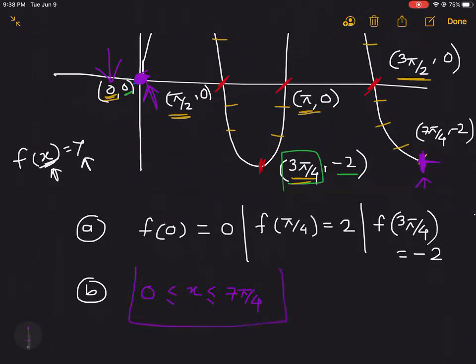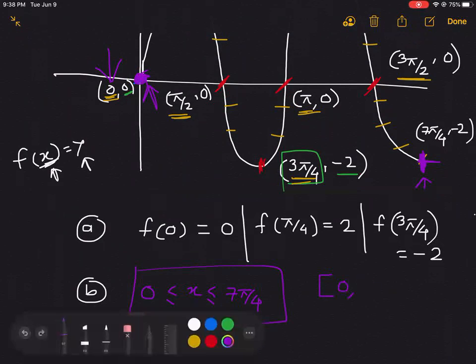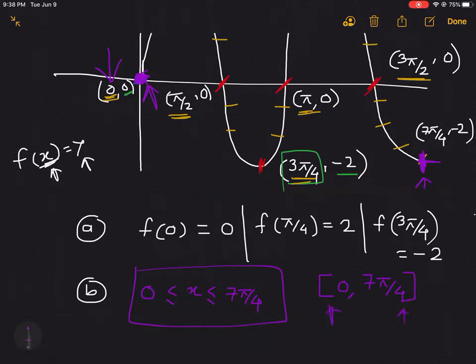So we can write it this way, or if you are asked to write using the interval sign, you can use this. We'll start from 0 and we'll end at 7 pi over 4. Of course, use the closed notation because 0 and 7 pi over 4 are included. So that's how you can write either this or that.